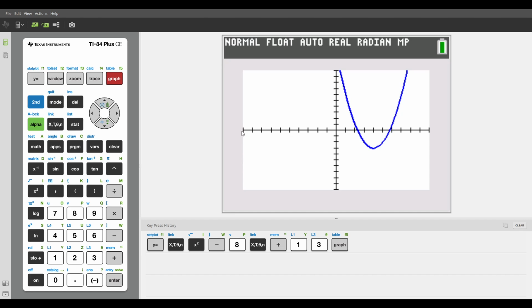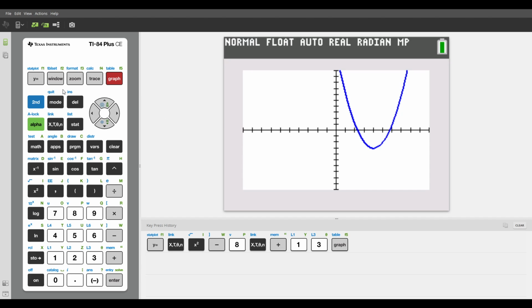By default, your calculator will show the x-axis from negative 10 to positive 10, and the y-axis from negative 10 to positive 10. If your calculator is not showing this currently, we can easily fix that.